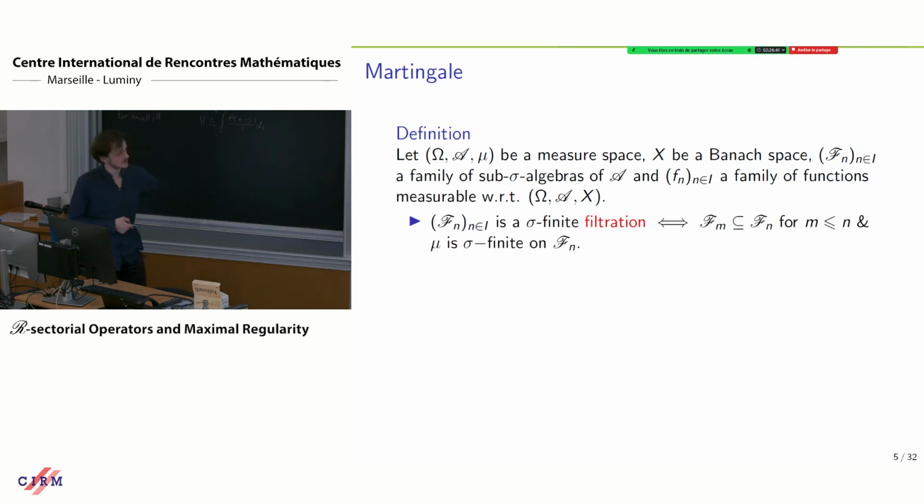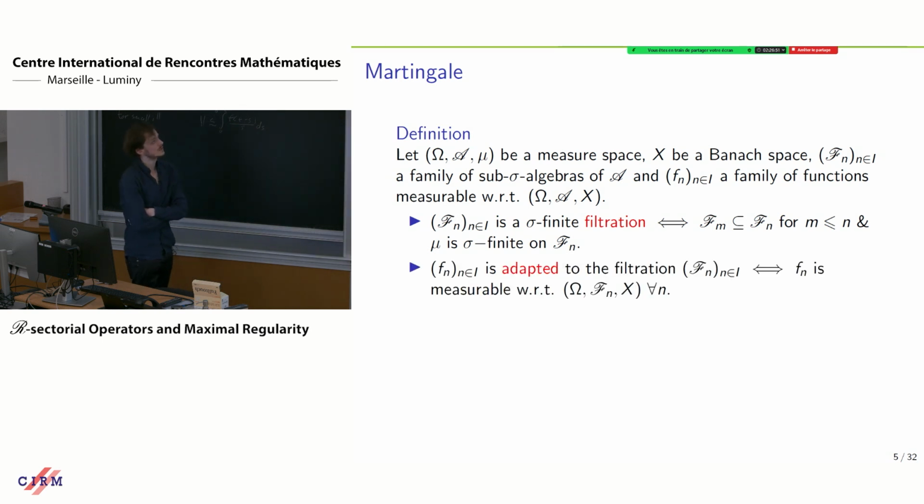Then a sigma-finite filtration is a sequence of sub-sigma algebras that are contained in each other, and they're sigma-finite with respect to the measure. A family of functions is called adapted to the filtration if f_n is measurable with respect to F_n. So the filtration tells you what's measurable at each given time.